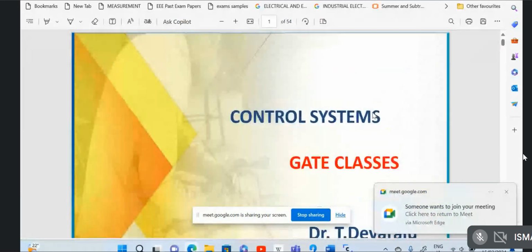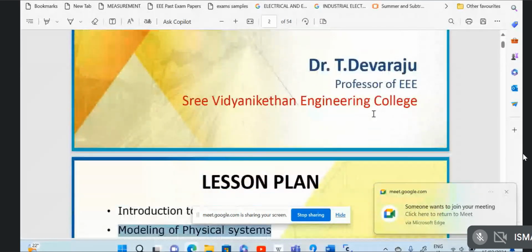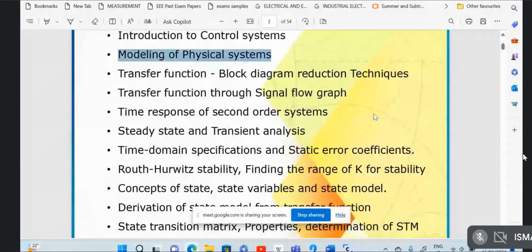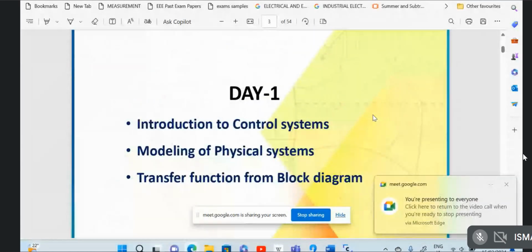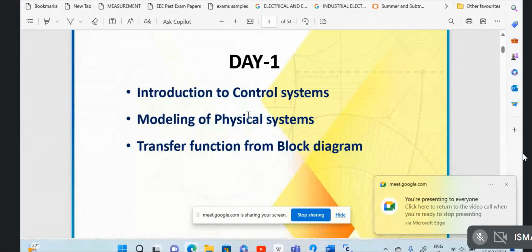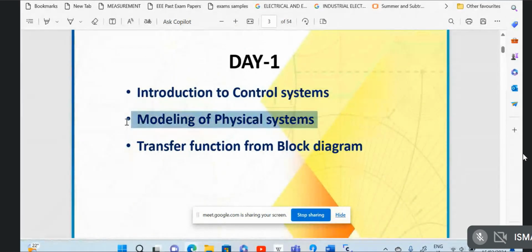Okay, now we just want to look at the physical systems and how they look in modeling.